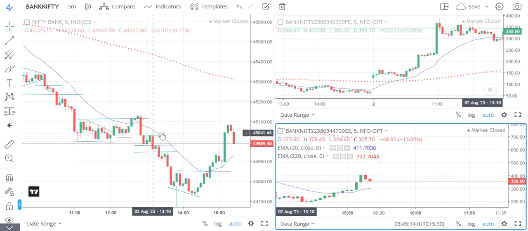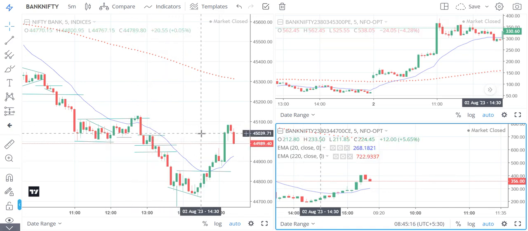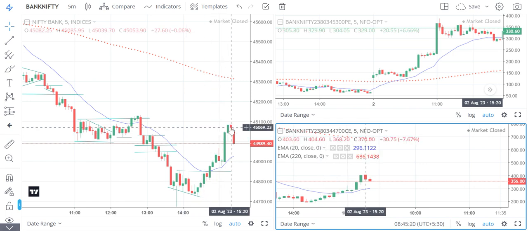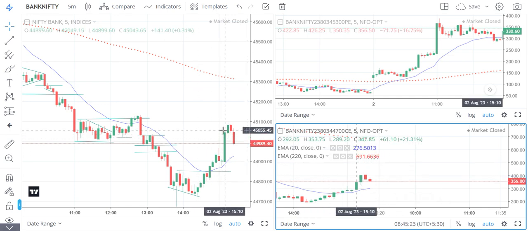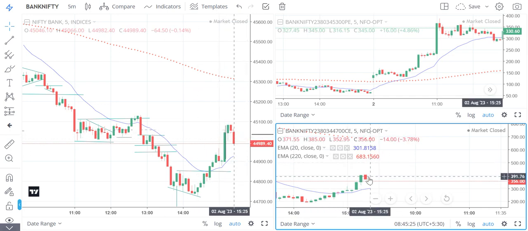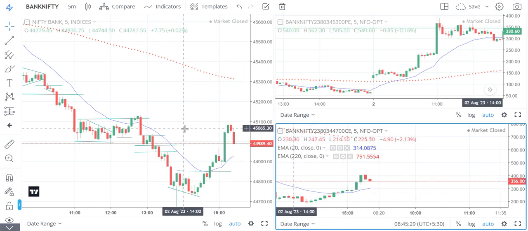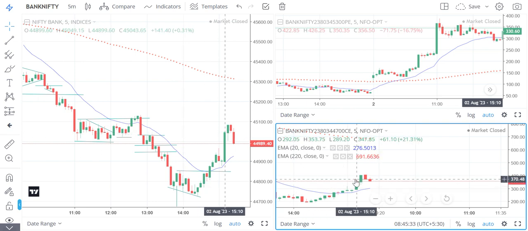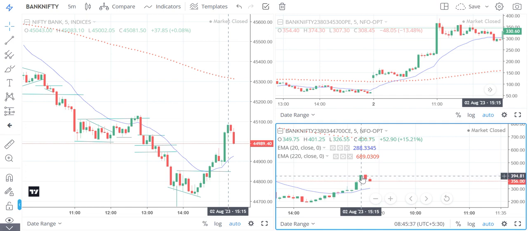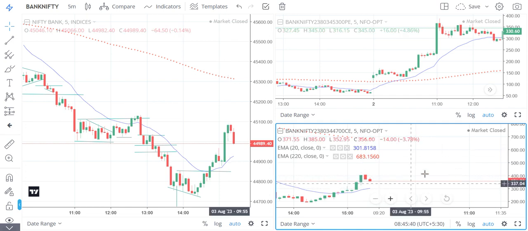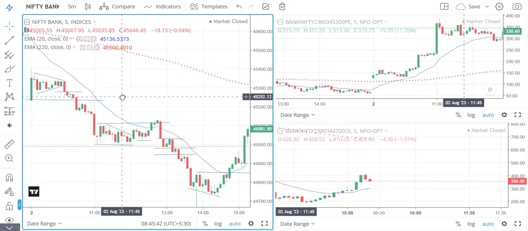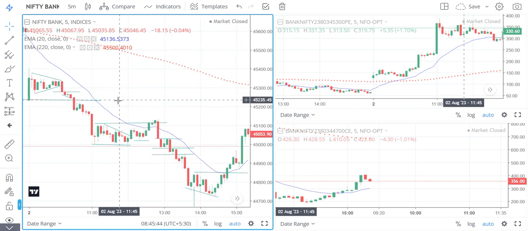Now the market is breaking to the upside, so there would be many stop losses here, and that's the reason suddenly there will be a give up bar, and there is a momentum in the options price. So as soon as the high of this bar is broken, you can see there is a great momentum in the option. So that's all we have in Nifty Bank.